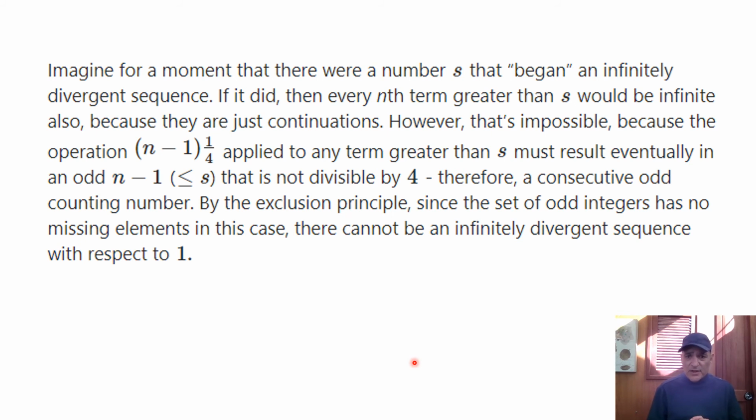However, that's impossible because the operation m-1 divided by 4 applied to any term greater than s must result eventually in an odd m-1 less than or equal to s. So that is not divisible by 4, so therefore a consecutive odd counting number. So it just falls into line with all the other counting numbers. So by the exclusion principle, which is like the pigeonhole principle, since the set of odd integers has no missing elements in this case, there cannot be an infinitely divergent sequence with respect to 1.